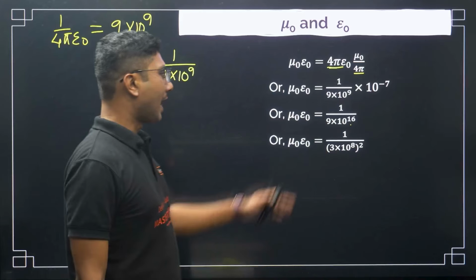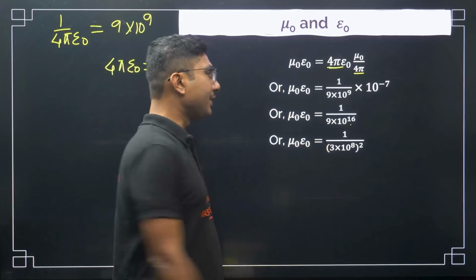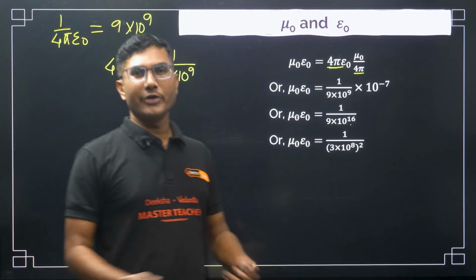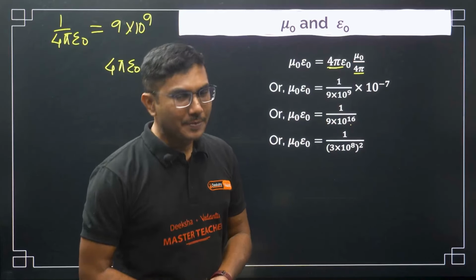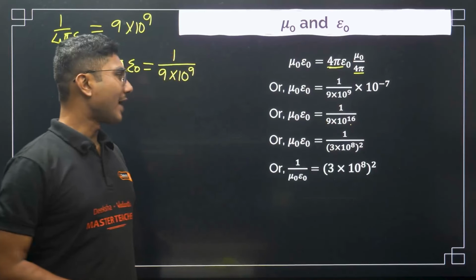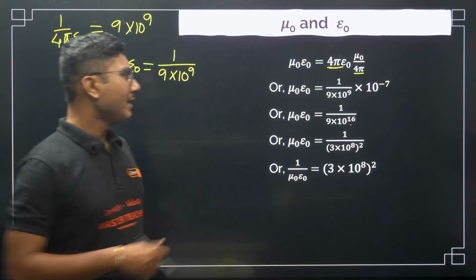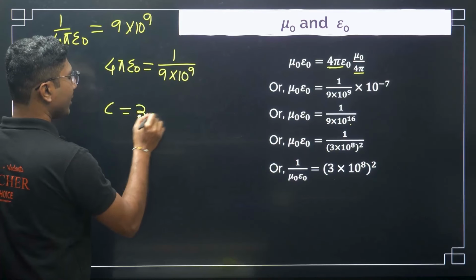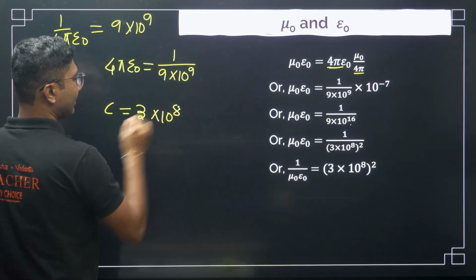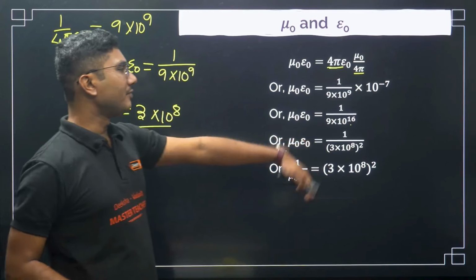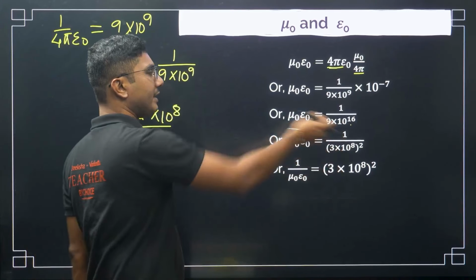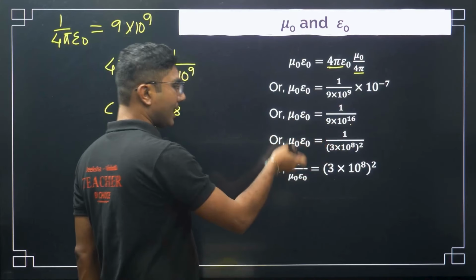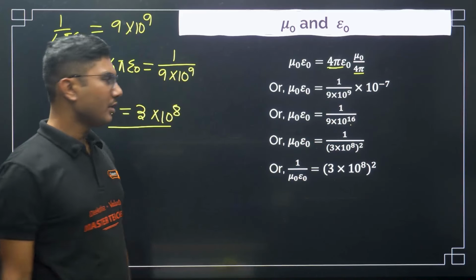Now 9 into 10 to the power of 16 can be written as 3 into 10 to the power of 8 whole squared. And 3 into 10 to the power of 8 is nothing but the speed of light in vacuum, right? Taking the inverse on both sides, this side has 3 into 10 to the power of 8, whereas here it will be 1 by epsilon naught mu naught.